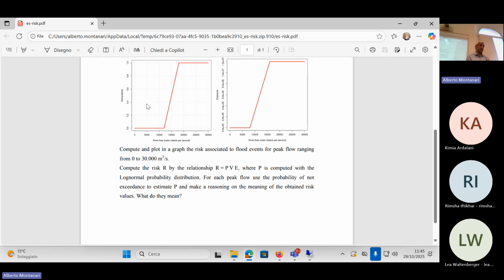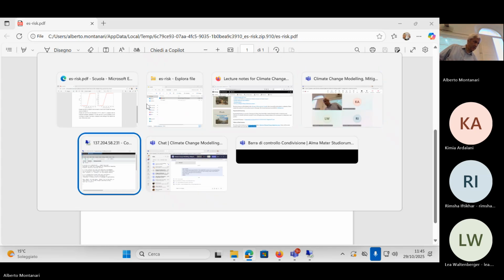Here it's suggested to use the probability of not exceedance. You should already get some understanding, some intuition, that it's not the same thing. I'm not getting the same graph as here. Where is it?